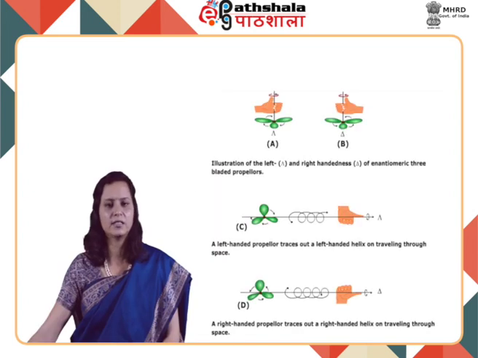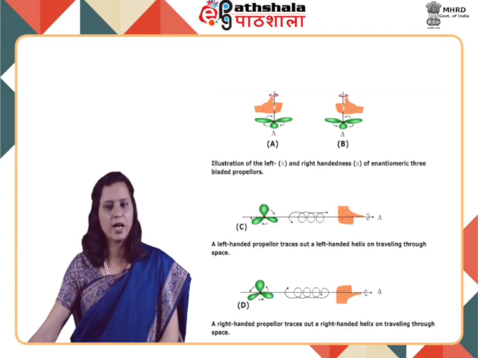The handedness can be understood by taking the example of propellers. These propellers are enantiomers of each other and they can describe a left-handed and a right-handed helix on rotating and moving through space.